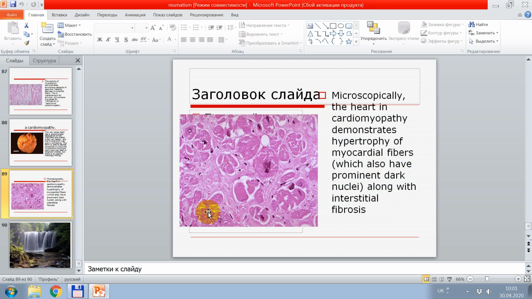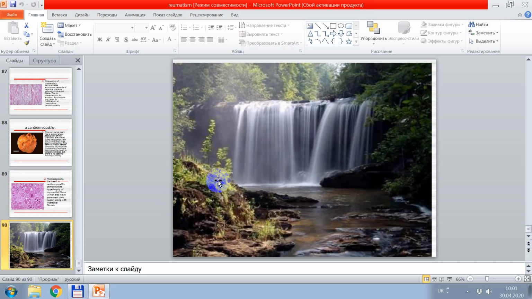Microscopically, the heart in cardiomyopathy demonstrates hypertrophy of myocardial fibers, which also have prominent dark nuclei, along with interstitial fibrosis. Thank you very much.